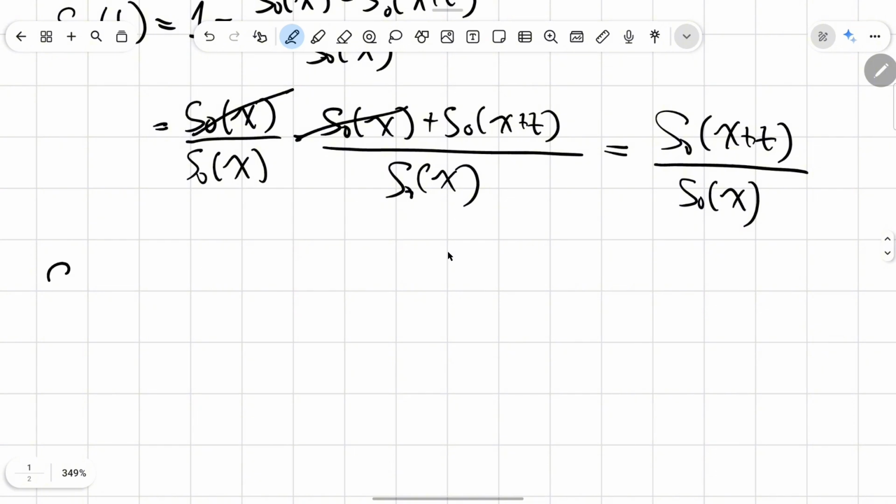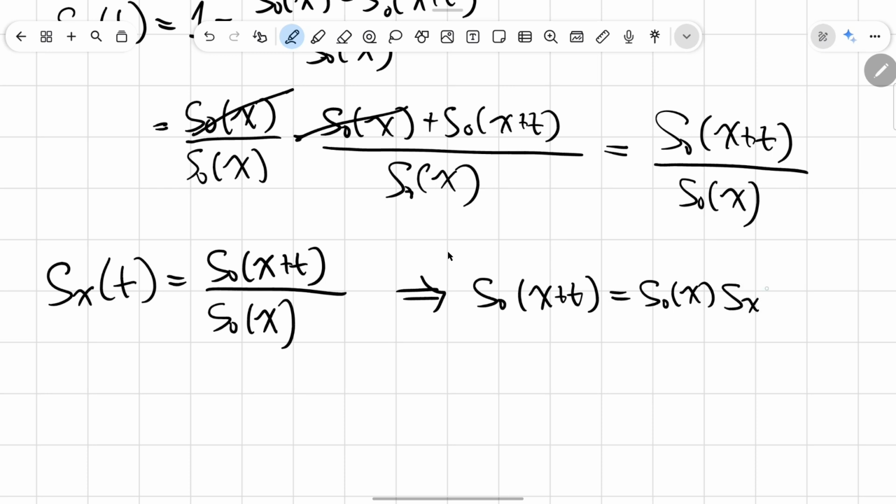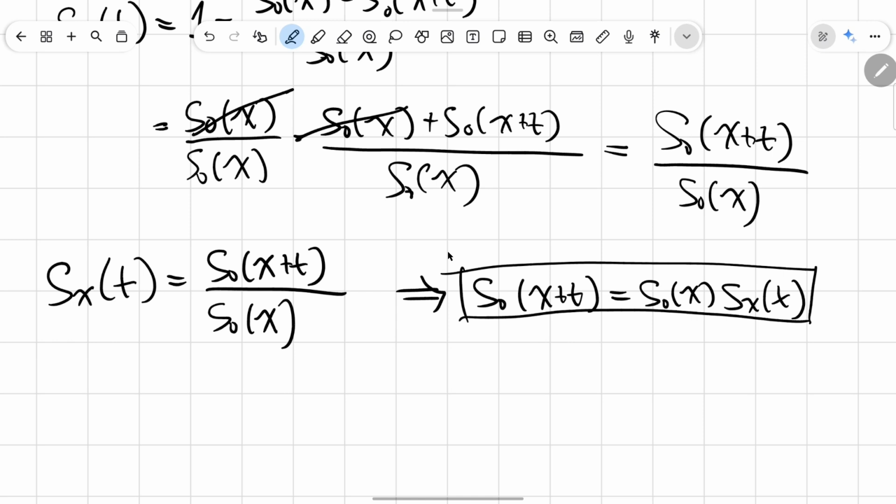So to reiterate, Sx of t is just equal to S0 of x plus t over S0 of x, and we can also write it as S0 of x plus t is just equal to S0 of x times Sx of t. So now we've derived this equation.